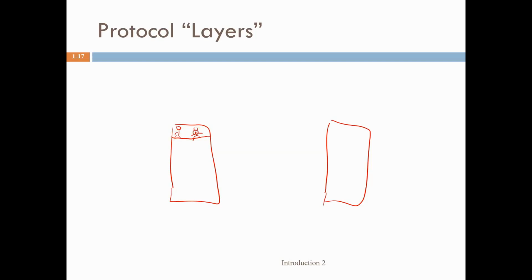These employees would like to send and receive letters to the employees at the other building. So the top floor at each building has people who are sending and receiving letters to each other. Forget about the internet.